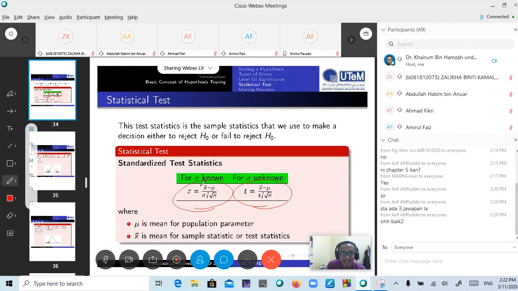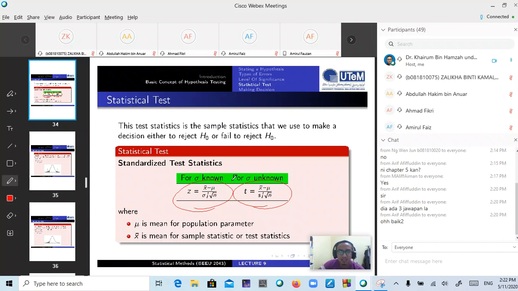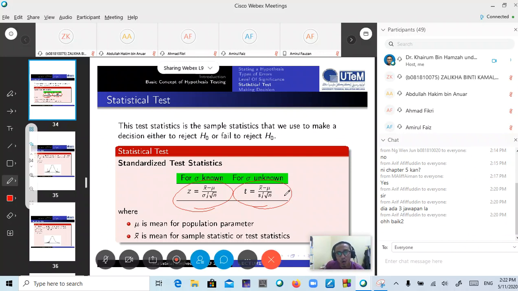Z equals X bar minus mu divided by sigma over root n. And T equals X bar minus mu divided by S over root n. So when you have S, the standard deviation for sample, we are using T distribution, T table. When you know the value of sigma, the standard deviation for population, we are using Z distribution.